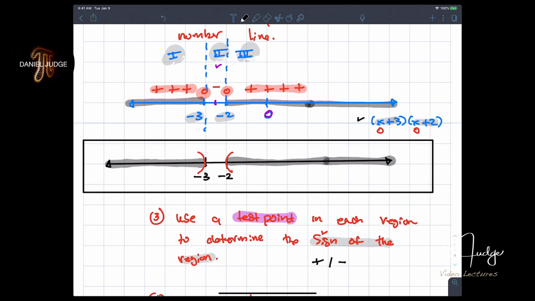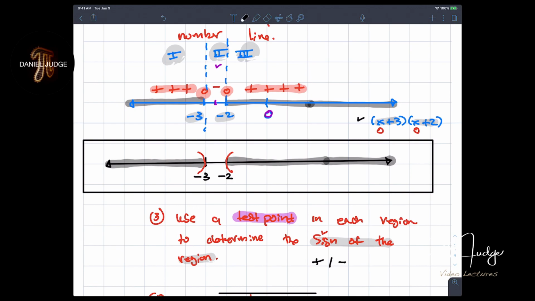This is sign analysis. You solved it and you graphed it. And this is a very powerful technique to solving what's called nonlinear inequalities. The technique is called sign analysis. Now, it's a process. You have to follow these steps.